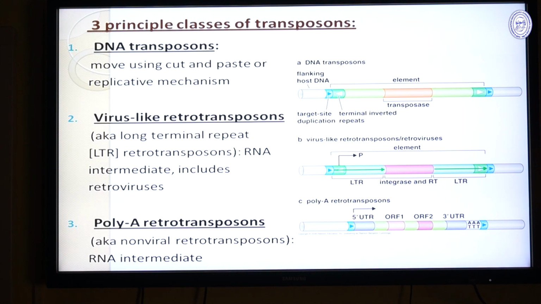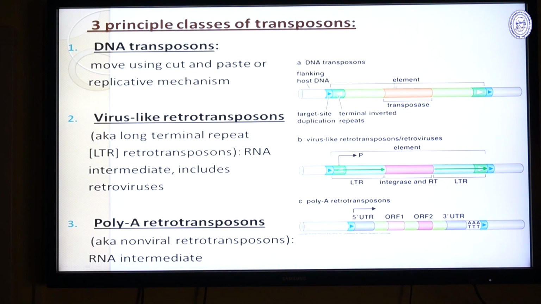Now come up to the second kind, the retrotransposon, which is the viral-like, or mostly the retrotransposons or transposons that are present in retroviruses. So these are viral-like. What does it carry? It carries two genes that code for two proteins known as integrase and reverse transcriptase, without which it cannot transpose or convert into double-stranded DNA.